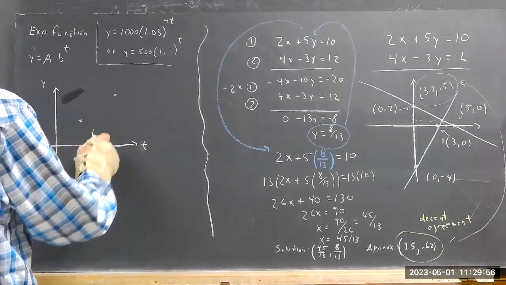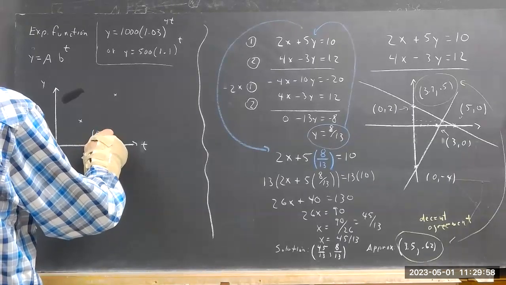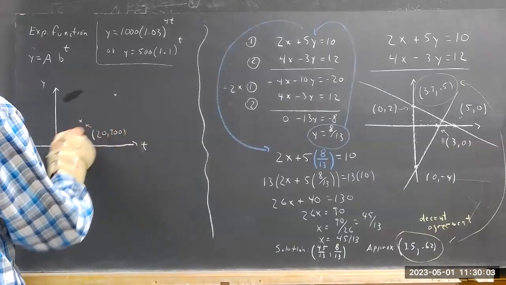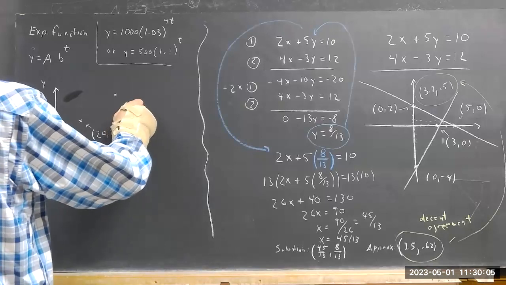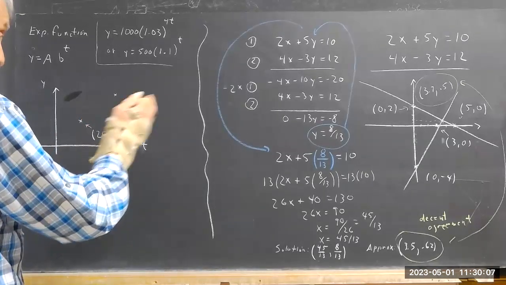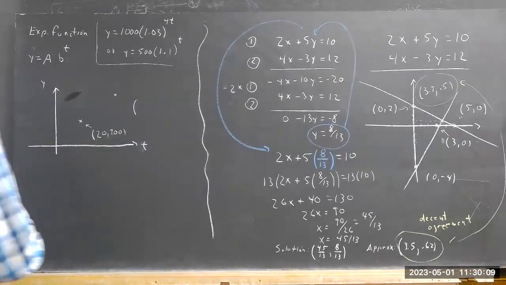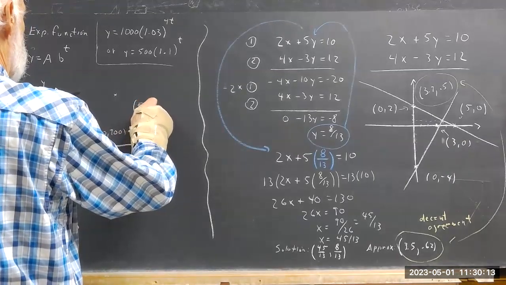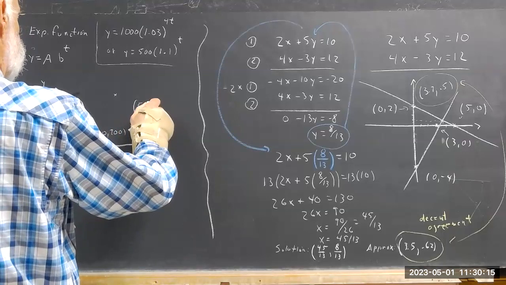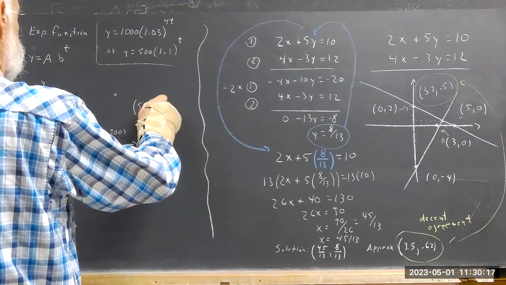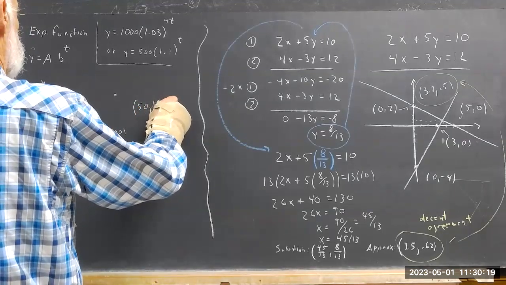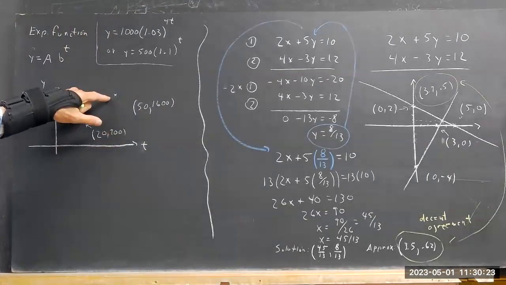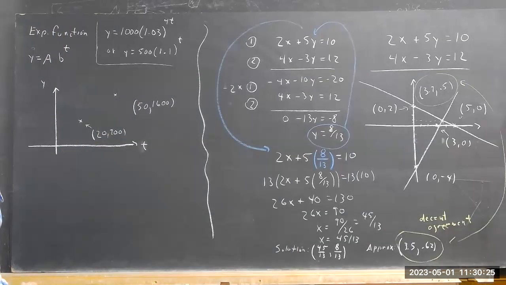Let's label this one 20, 700, and then this one would be about 50. Not very realistic in the scale of the graph. It'd be more like 14 to 1500. Oh, this is okay.